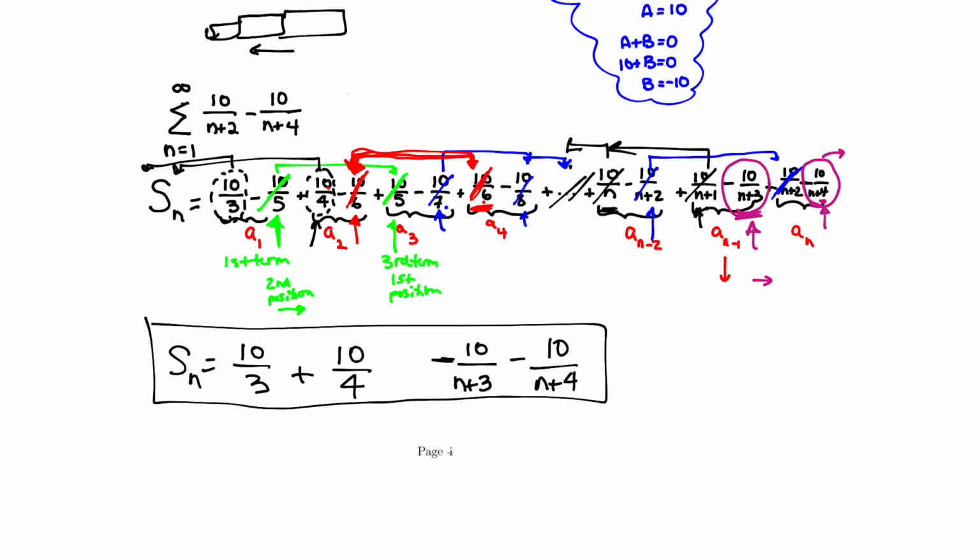Now, why are we doing this? Because a sum will converge if the sequence of partial sums converges. So now we're going to take a limit as n goes to infinity of this nth partial sum.